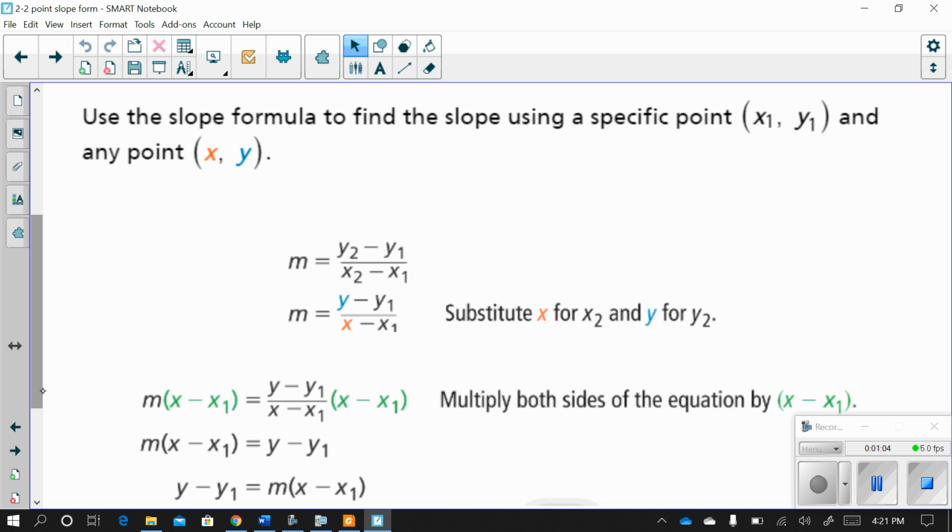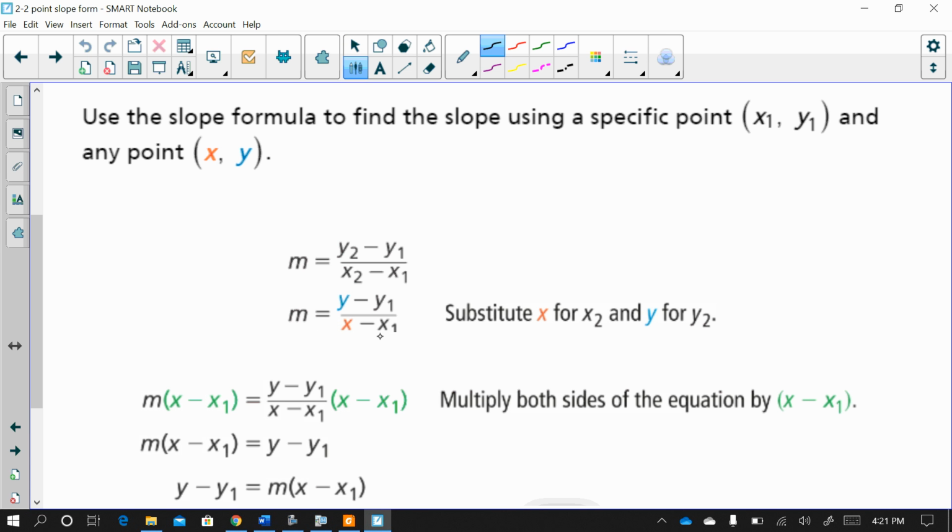So we all know our slope formula, m equals y2 minus y1 over x2 minus x1. Well, we know that the x1 and the y1 is a specific point. We have specific numbers for those. Okay, the x and the y are just any plain old x and y. They're placeholders. So we're just going to keep x and y instead of putting x2 and y2. Now, if I want to, I can get rid of this fraction. Right? I don't like the denominator here.